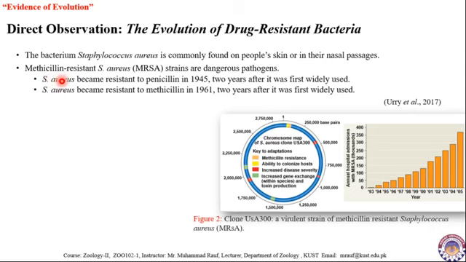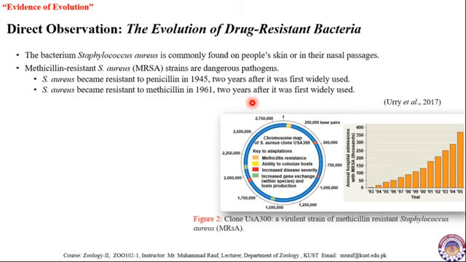So they developed another type of antibiotic, methicillin. Methicillin was initially effective against Staphylococcus aureus, but after some time, that is 2 years after it was first widely used, they also developed resistance against methicillin.